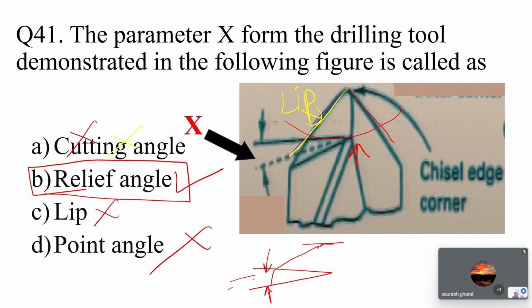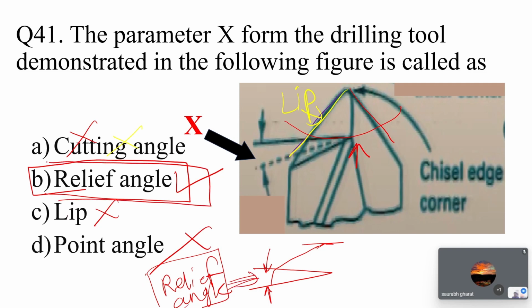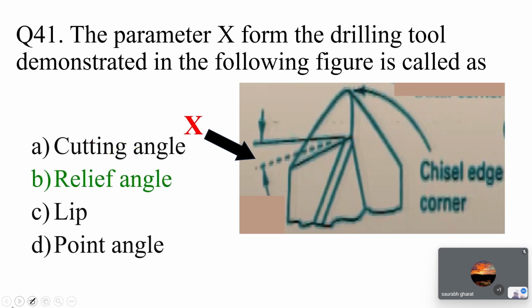This angle is your relief angle, which is called the normal relief angle. So X is your relief angle. Okay, the answer is correct.